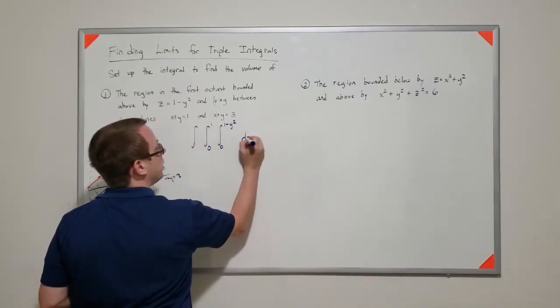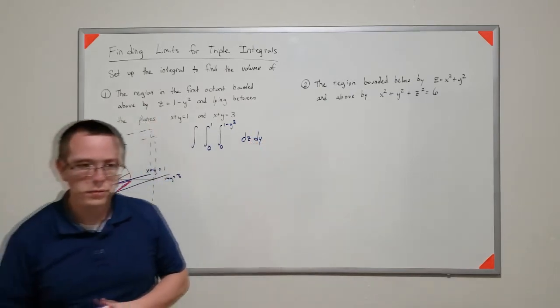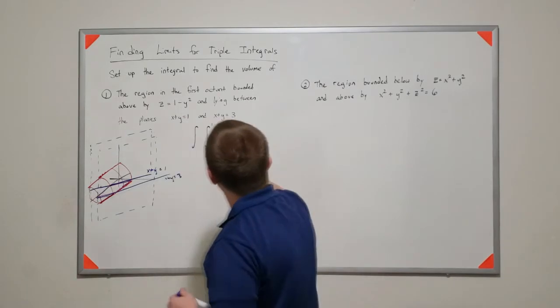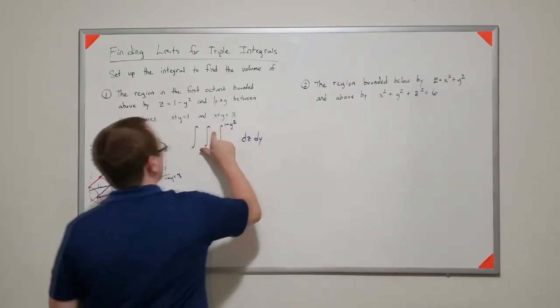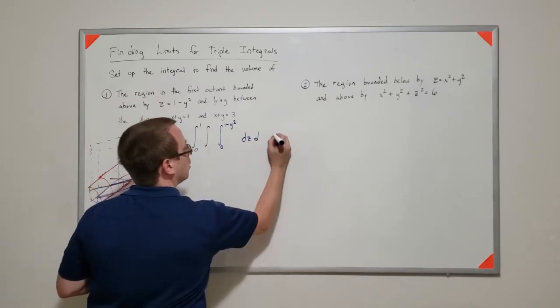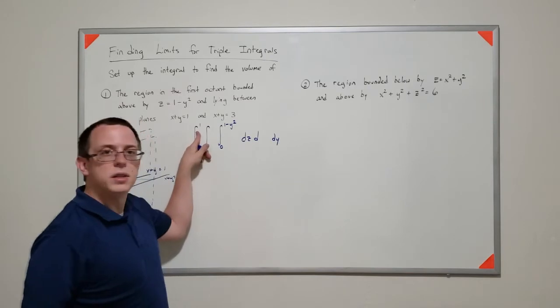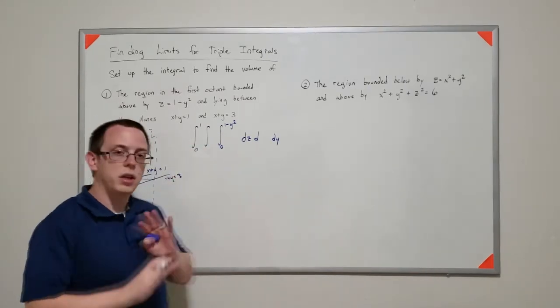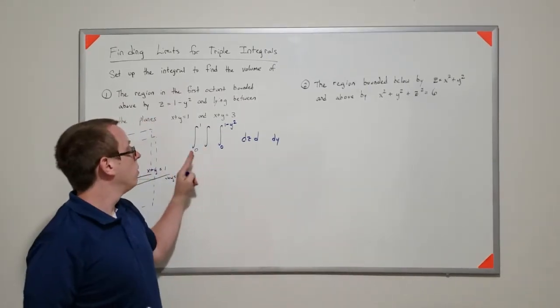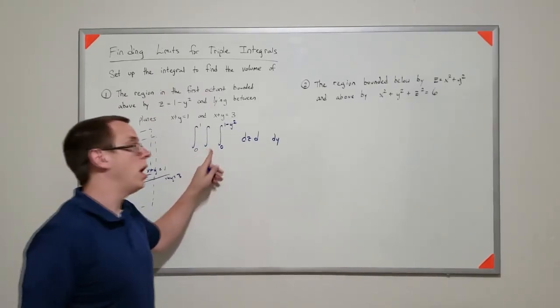So that was dz and dy. I want to do dy in the end because since these are constant bounds, it doesn't make sense to put them here. This leaves us the ability to define things in terms of y.